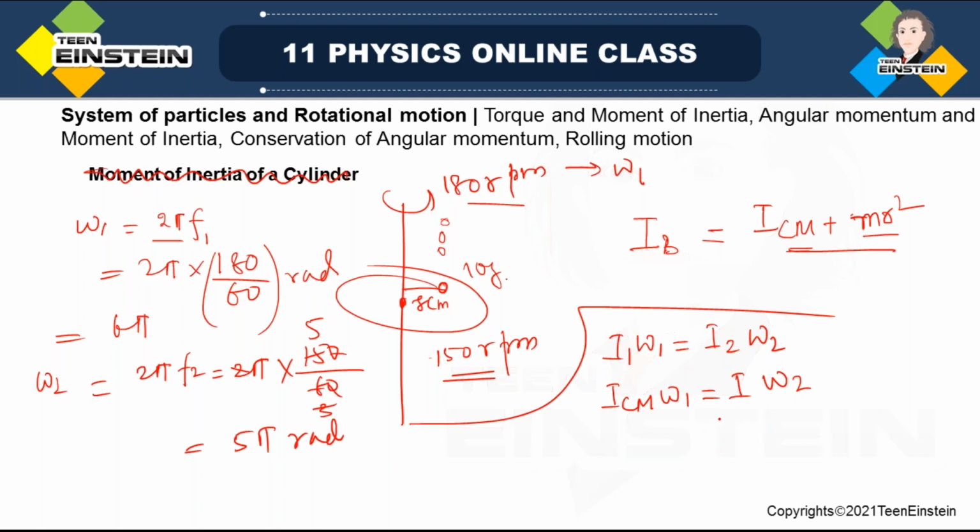So I is I_CM plus m r square. I_CM is the thing we have to find out, and using this we can find what I is. Let us do that.